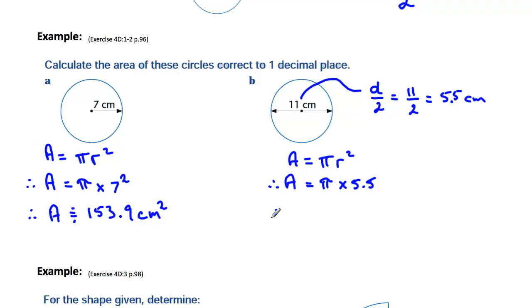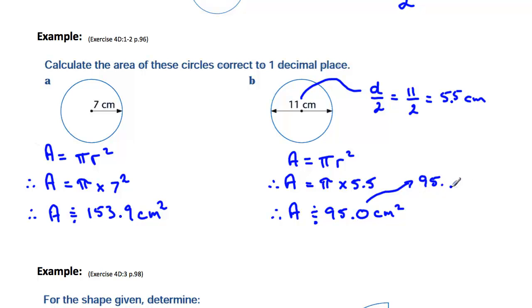When we work this out, we get, once again, an approximate area because we're looking at one decimal place. So an approximate area of 95.0 centimetres squared. Now the reason why that's 0.0 is that it has rounded down from a number that looks like this. You can actually check this out, I might leave you to do this.